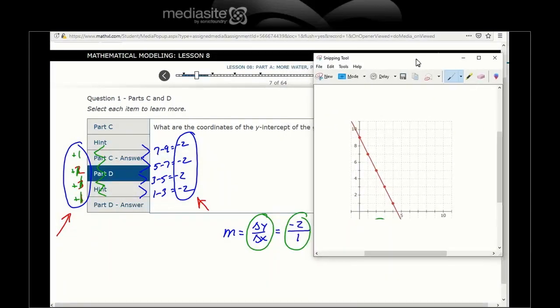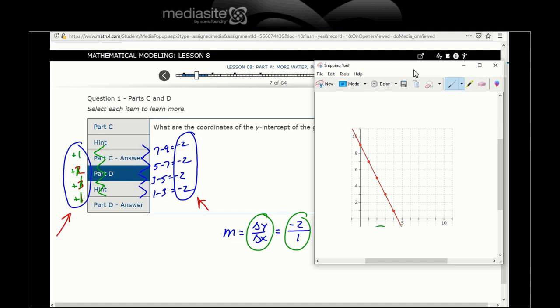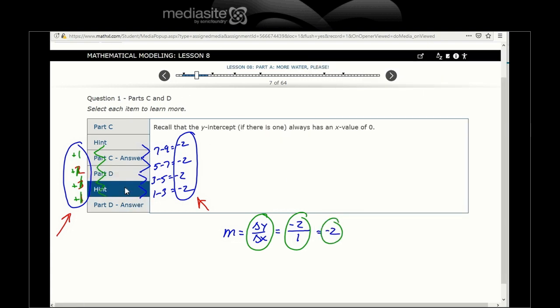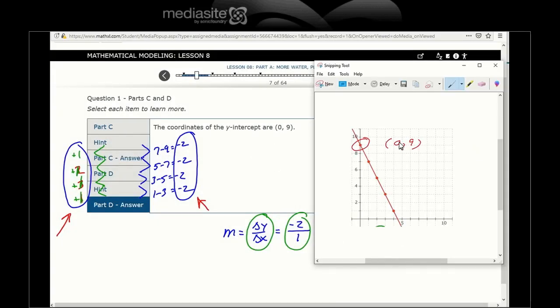Well, here's the graph. And again, where's the y-intercept? It's going to be when the line crosses the y-axis. So in this case, this is going to be when x is 0, y is 9. Zero, 9. So we got that one called right.